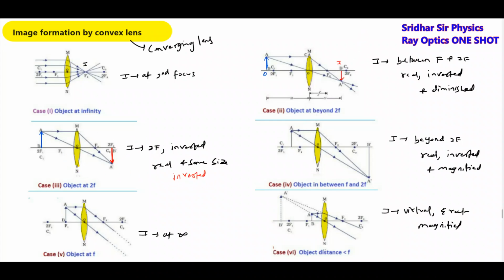If object is between f and 2f, then what about the image? Image will be at this particular point.